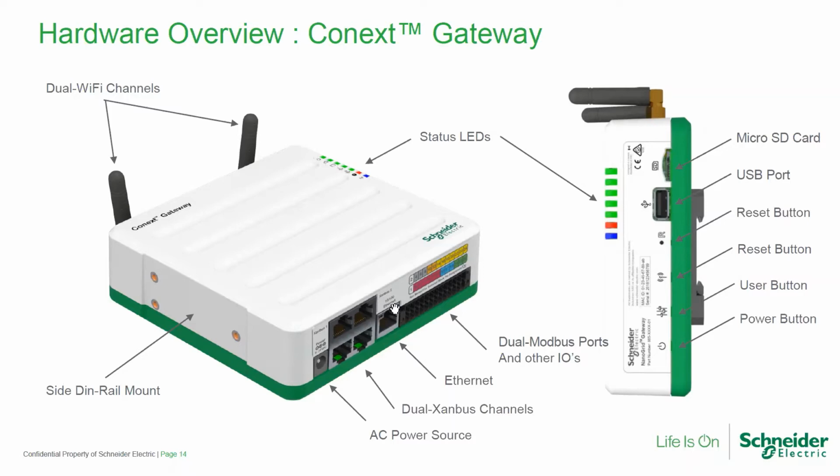Then you will see a section labeled as the dual Modbus port and other IOs. That dual Modbus port is essentially your port 1 and 2, which can be CAN 1 or CAN 2 or RS-485 1 or 2. This is a very capable interface because you can add meters to the system.